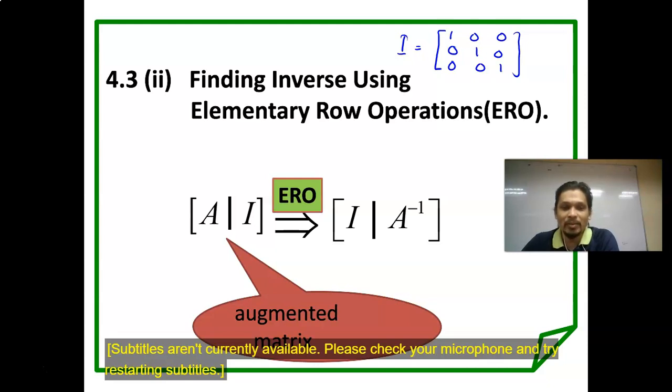The matrix A starts on the left and the identity on the right, and finally the identity will take place on the left side, and a new matrix will appear on the other side. This is the inverse of the matrix A.